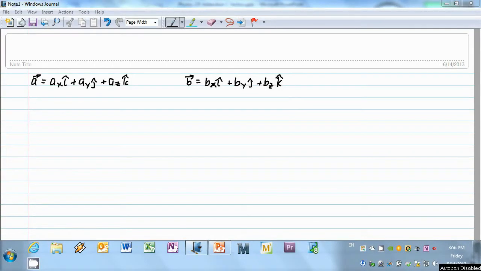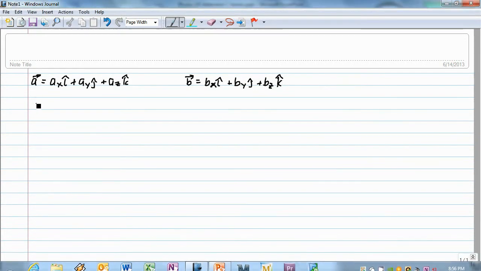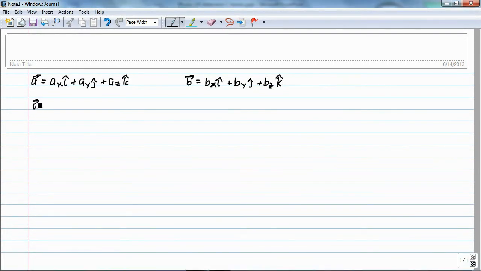The second vector multiplication function is called the cross product, and it's denoted by A vector cross B vector. And I've written here two vectors A and B. So the way we calculate the cross product is by using a matrix.